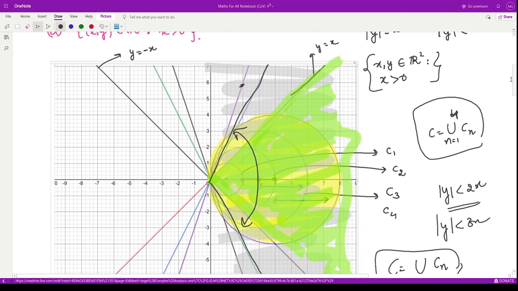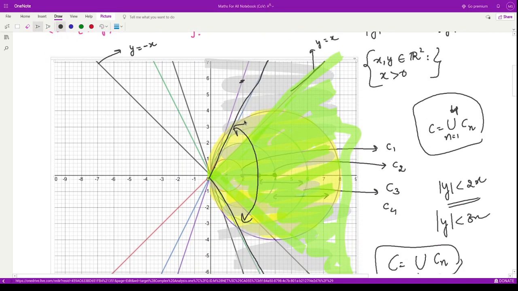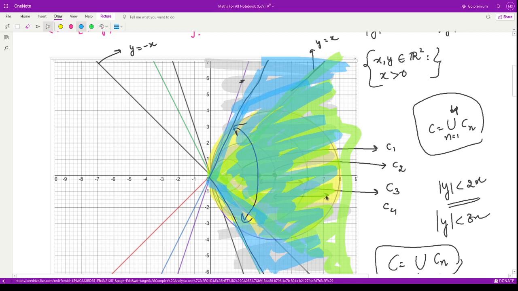Similarly, our circle is obviously out of this second region also, the region with this blue boundary, and this circle is out of this pink region also.